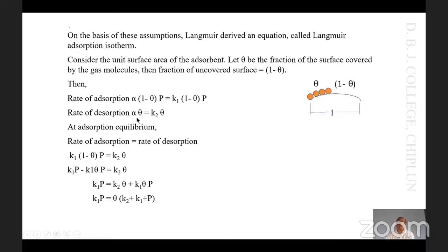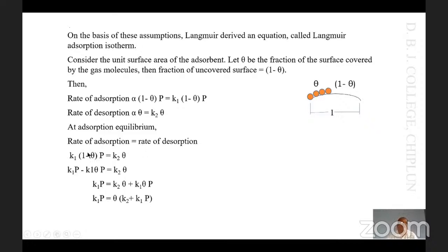Now the rate of desorption is proportional to the surface area of the adsorbent covered by the gas molecules, which can be written as K2 theta, where K2 is the proportionality constant. In the state of equilibrium, rate of adsorption is equal to rate of desorption.